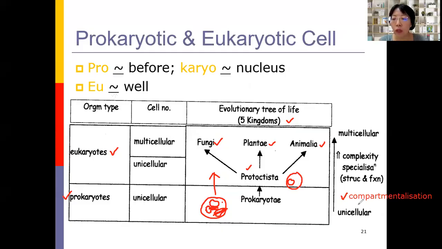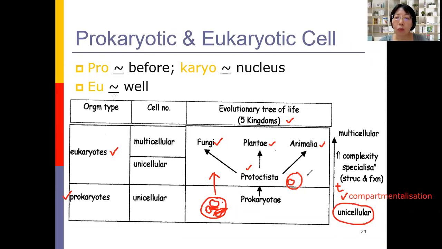On Earth, organisms start off as unicellular organisms, which are very simple prokaryotic cells. And as time passes by, and this arrow stands for time passing by, there is compartmentalization. So specialized organelles are formed inside the cell, especially the nucleus. So then eukaryotic cells are formed.